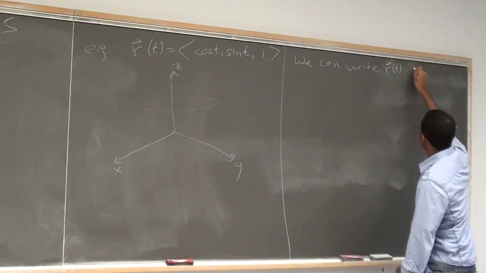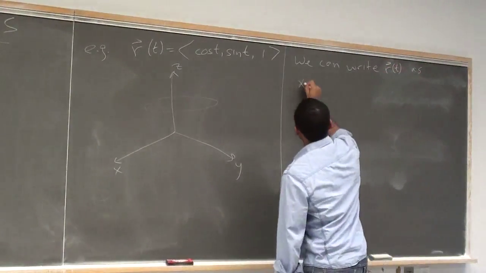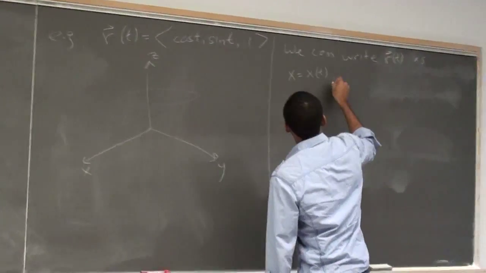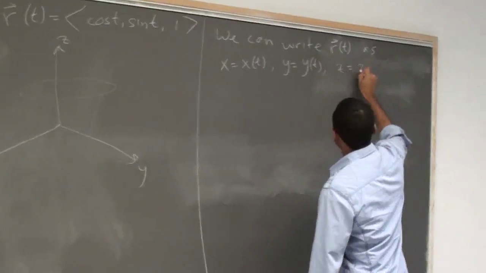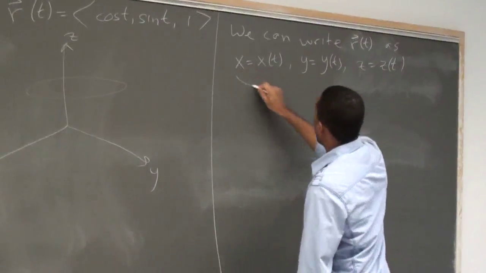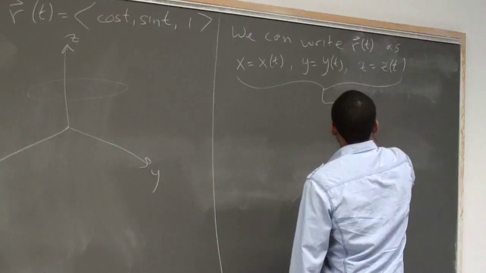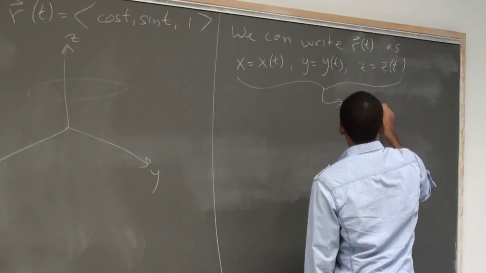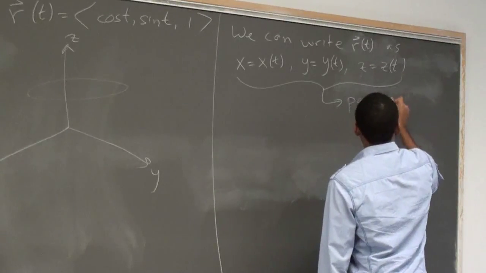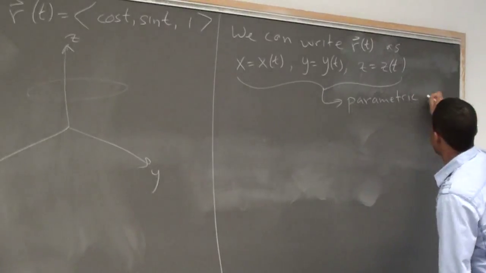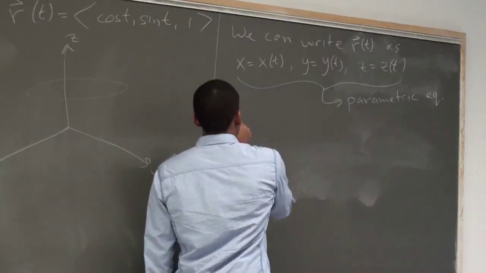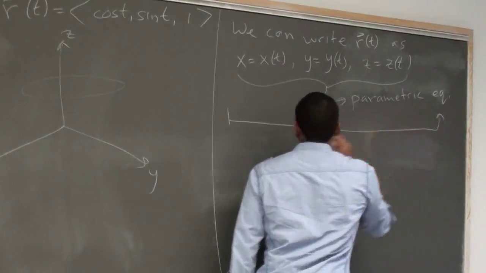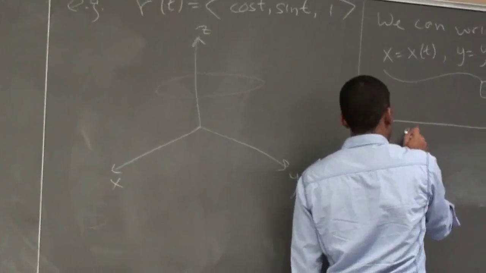There are many notations. We can write r(t) as x equals x(t), y equals y(t), z equals z(t). These are called parametric equations.